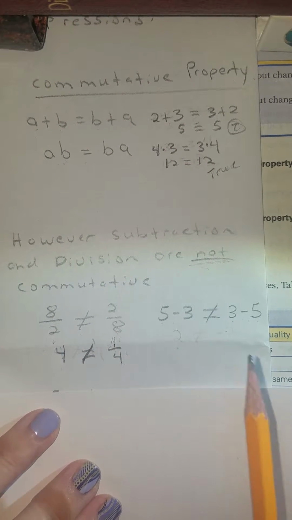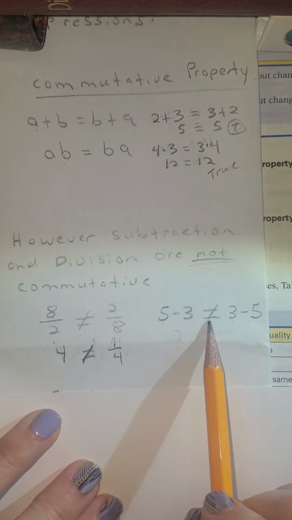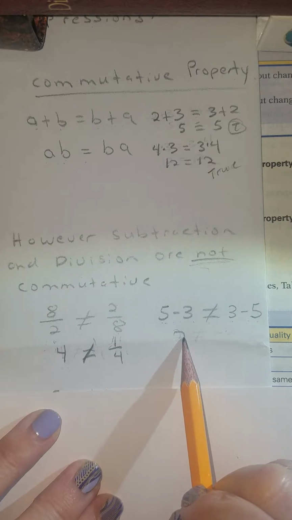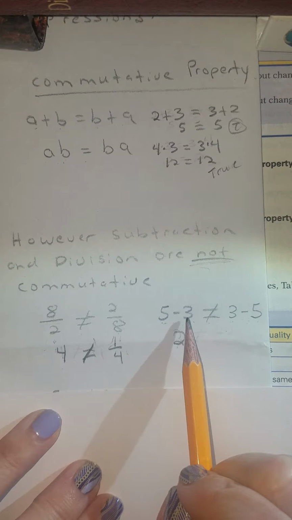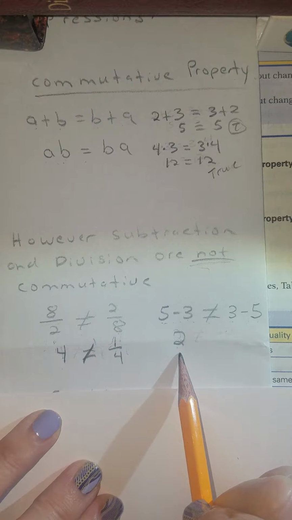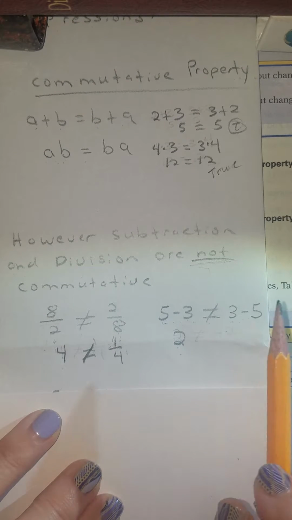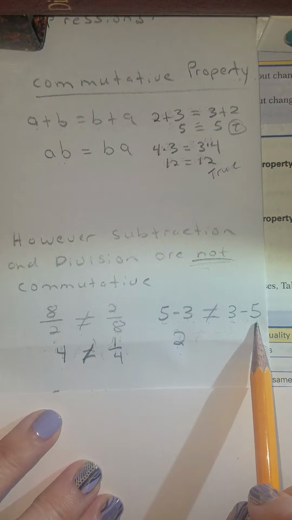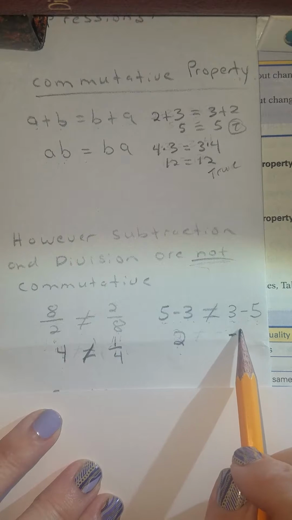Same thing with 5 minus 3 does not equal 3 minus 5. Because 5 minus 3 is 2. Think of it as you have $5, you spent $3, you have $2 remaining, right? But what if you had $3 and you spent $5? Then you're in the hole $2.